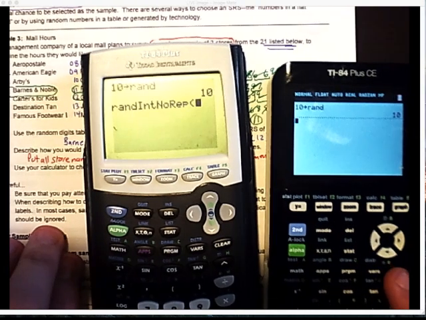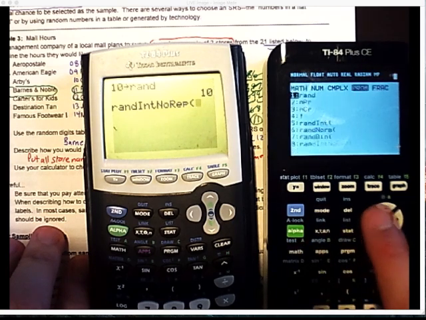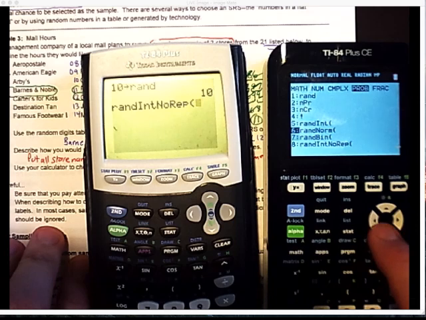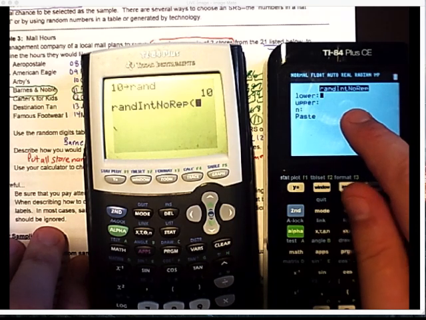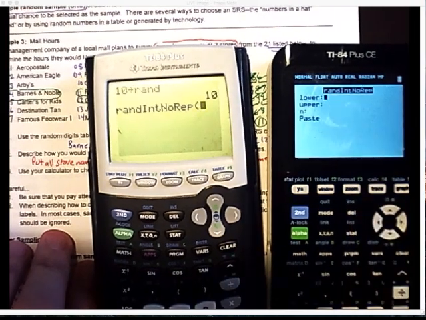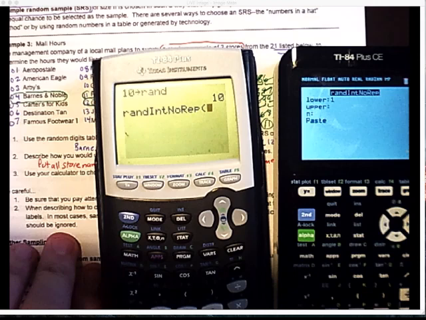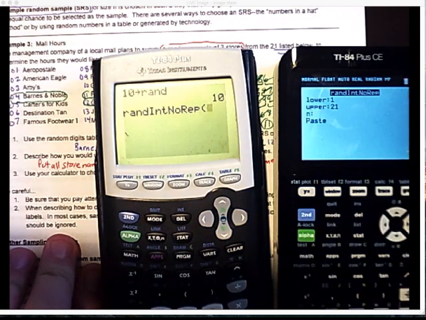All right, and then I'll go math, probability, random integer, no repeat. All right, if you have the newer calculator, it gives you a menu. So it says, what's the low number? So our low number was 1. We started our numbers at 1 of our stores. We have 21 stores. And then it'll say N. How many do you want? I want 3 numbers.